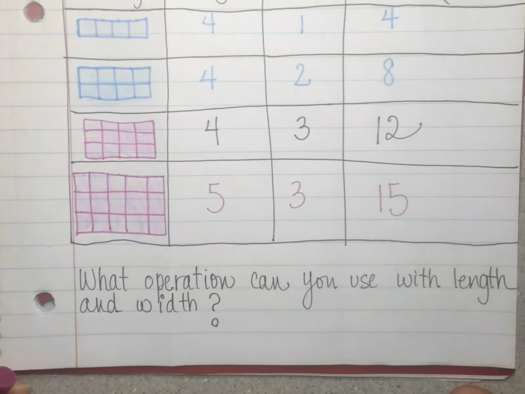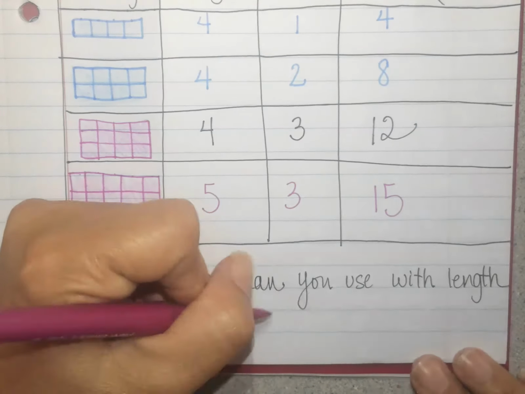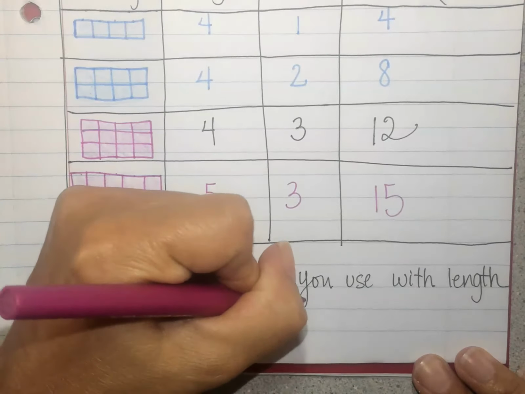Question for you. What operation can you use with length and width? Bingo. Multiplication.